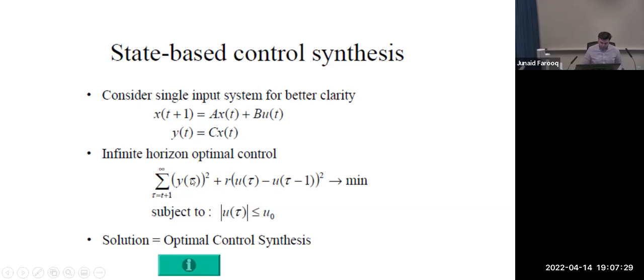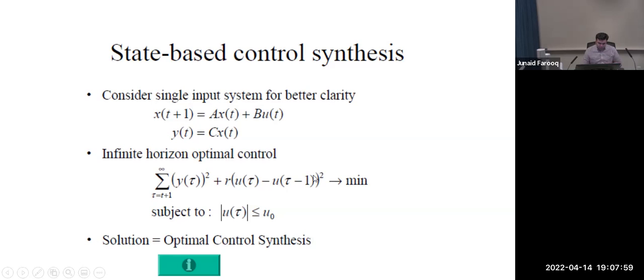Essentially, this cost function says that you want to minimize the squared value of the output, and you also want to minimize the difference between two successive u's. This means that you don't want to dramatically increase or decrease your control input. And R could be a constant.